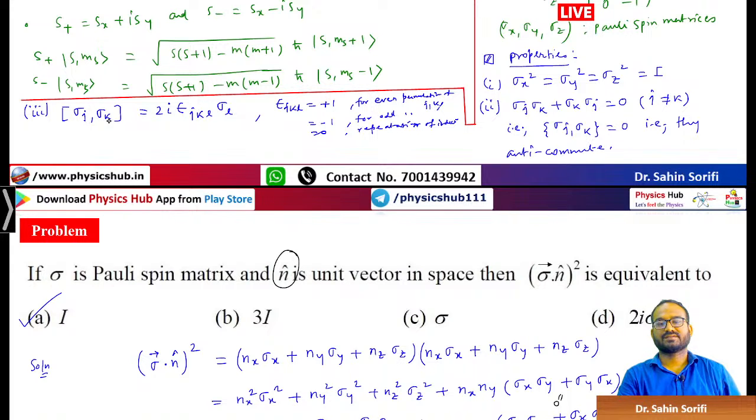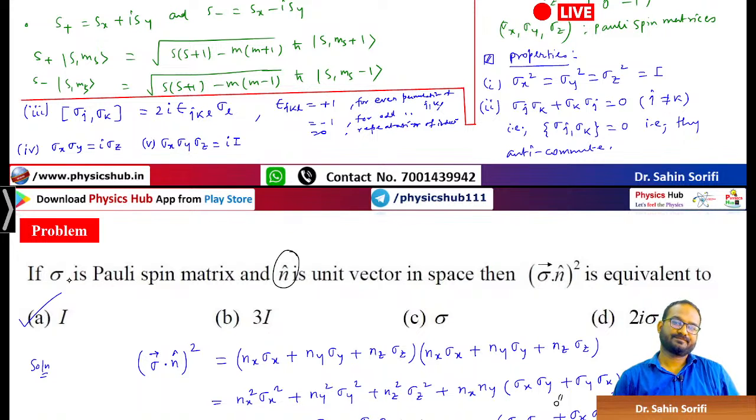If you take sigma x, sigma y, that value will be 2i sigma z, right? If you take sigma y, sigma x, that will be minus 2i sigma z. Fourth property: if you take the product of sigma x and sigma y, you will get i times sigma z. Fifth, if you take the product of sigma x, sigma y, sigma z, obviously this will be i times identity. So i 0 0 i.